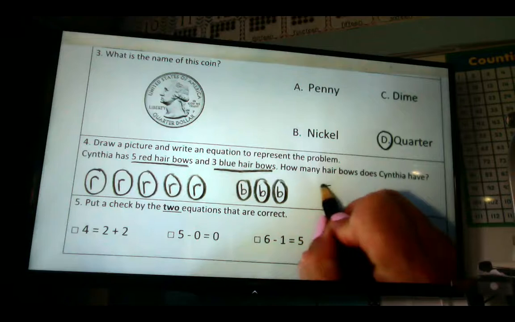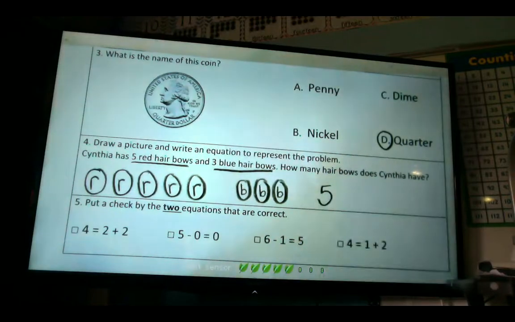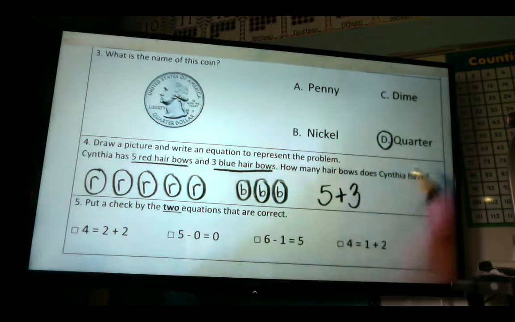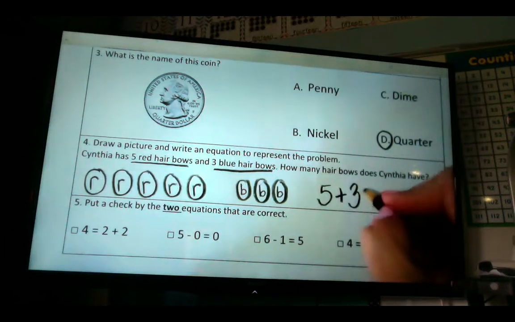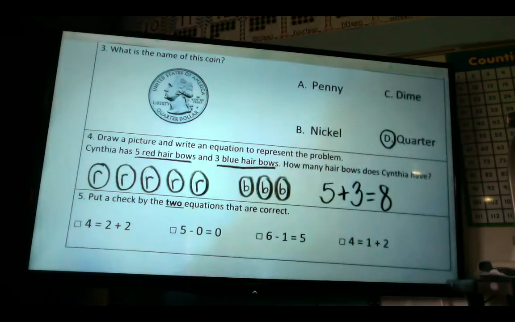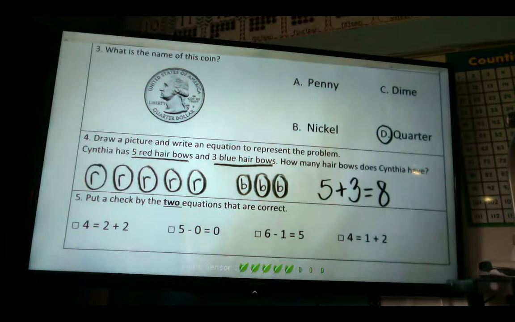Cynthia has 5 red hair bows and 3 blue hair bows. She has 8 hair bows in all. If you need more time, push pause. If you're ready, push play.